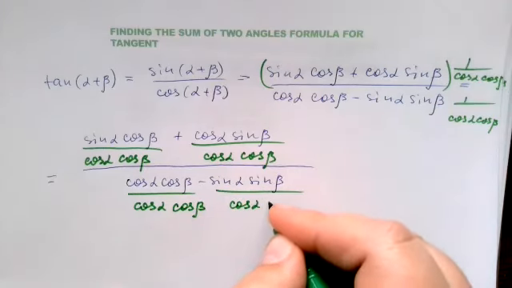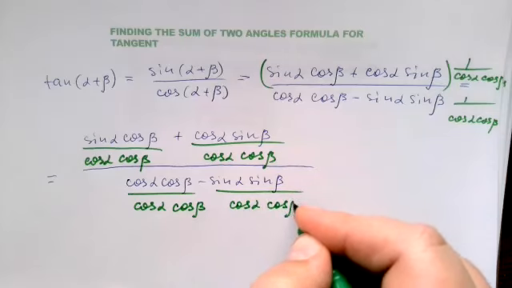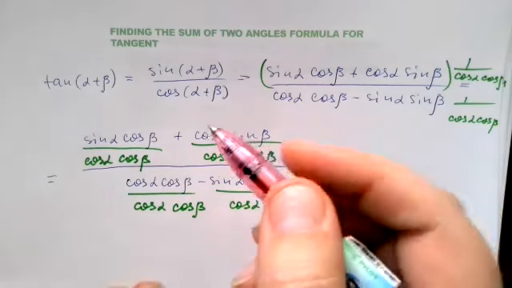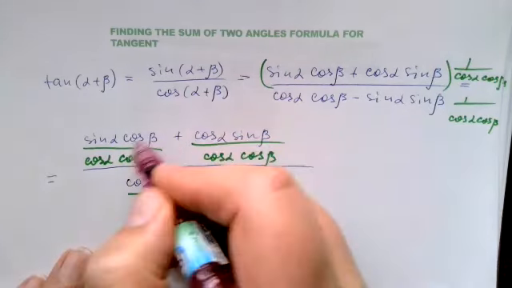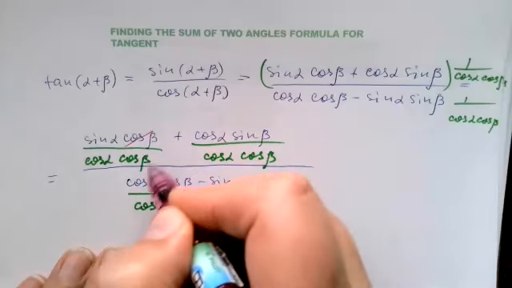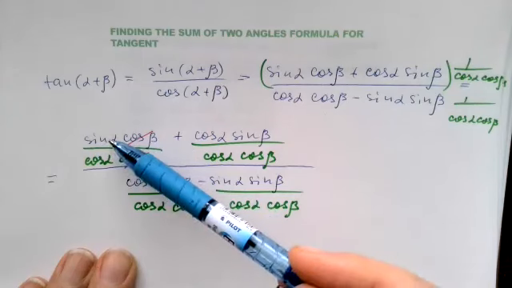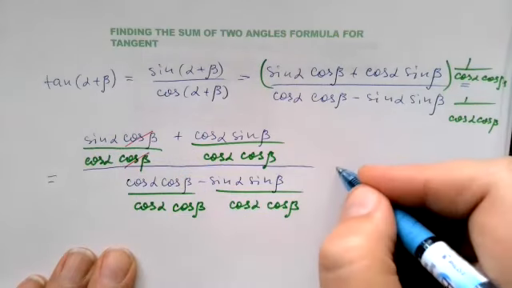And so as you can tell, some of these factors are going to cancel out. Here I'm going to cancel out cosine beta and cosine beta. So what do I have left? I have sine alpha over cosine alpha.